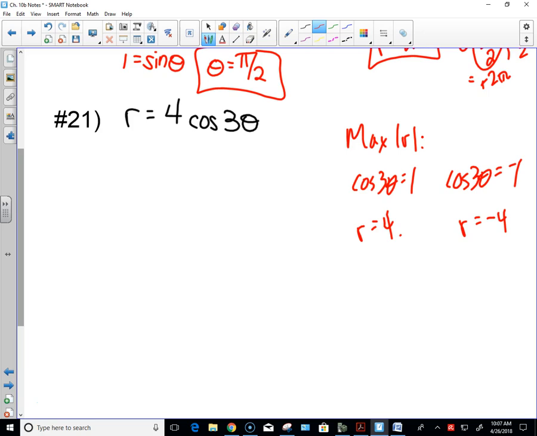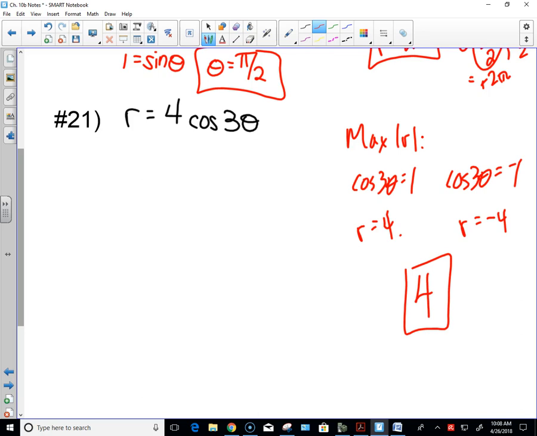Remember, -4 just means 4 in the opposite direction, but still, what's the farthest I'm going out no matter what direction I'm headed? 4. What's my maximum absolute value of r? 4. When does it happen? Well, all of these places. Well, guys, when's cosine 1? 0.